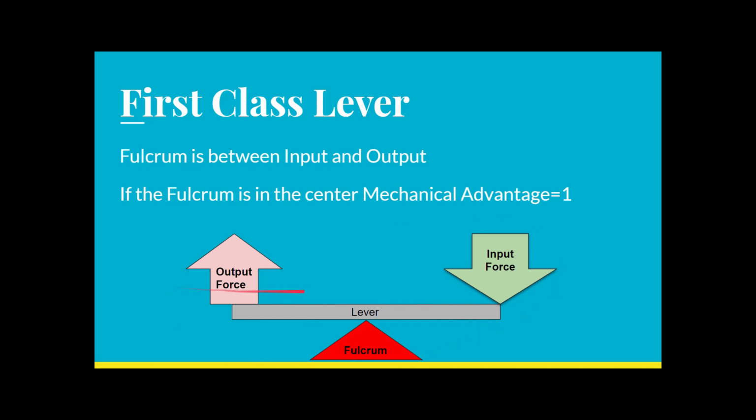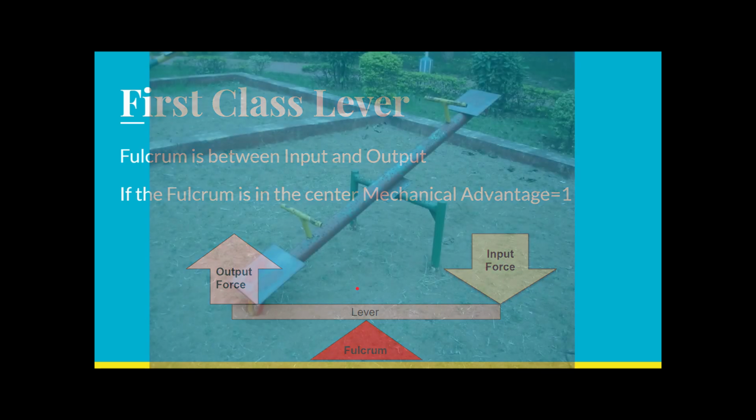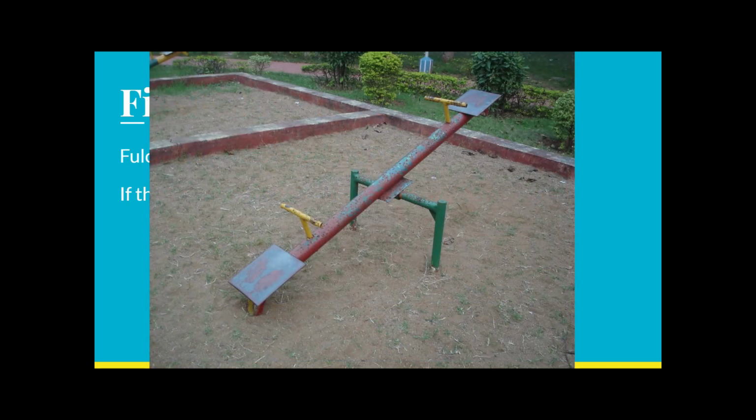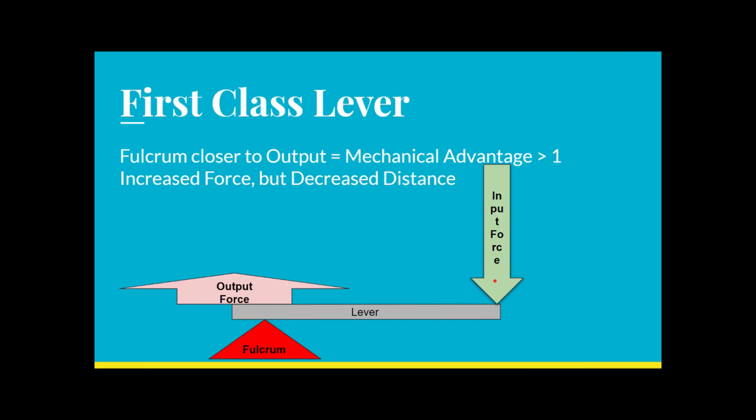And if you are done writing this down, go ahead and unpause, and we can take a look at an example. Like I said, this would be an example of a first class lever with mechanical advantage of 1, because both sides are the same length. All right, let's go ahead and move on to the second type. And again, please write down the title as well as the body here.